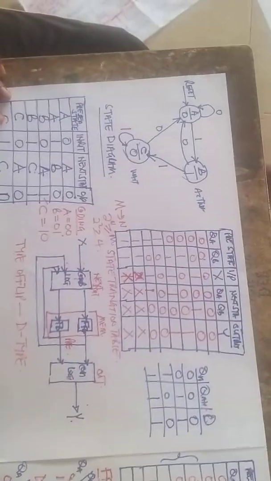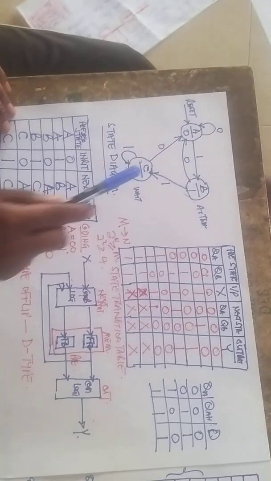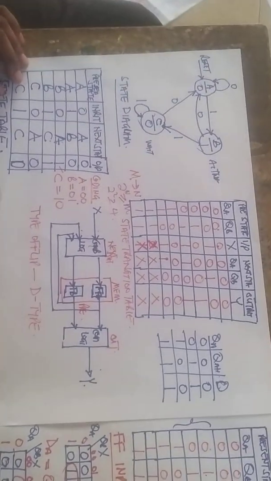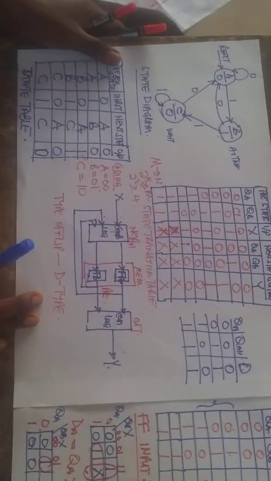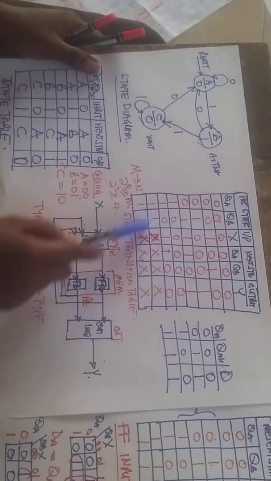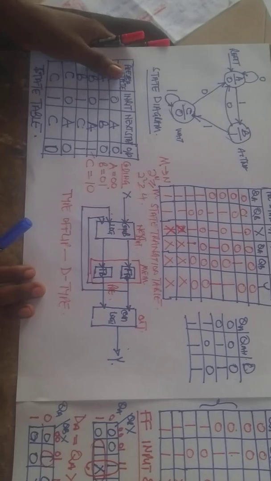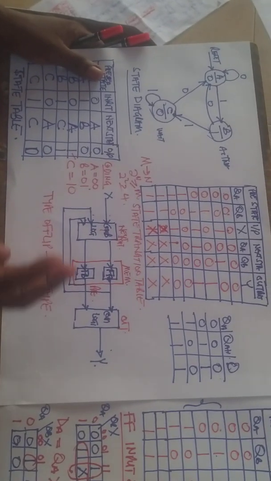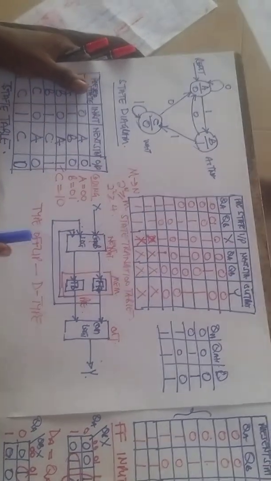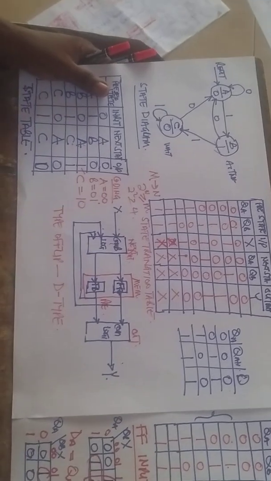So in brief, from the problem description, we're able to come out with the state diagram. From the state diagram, we obtain the state table. We assign codes, and then we redrew the state table. We draw a theoretical design to depict the Moore. Remember, from the beginning we said we are using the Moore model.